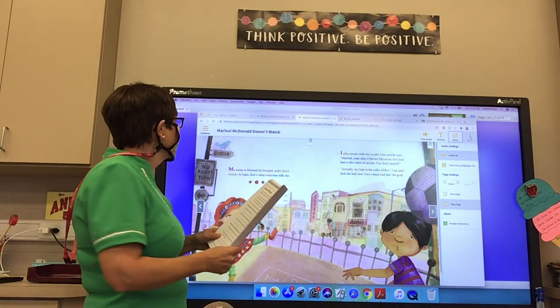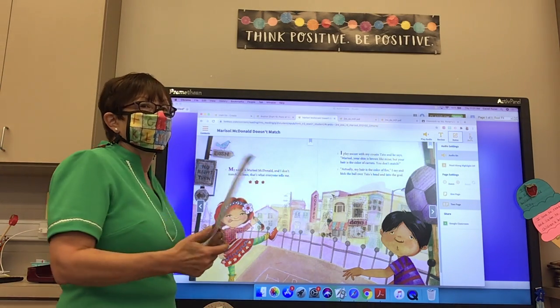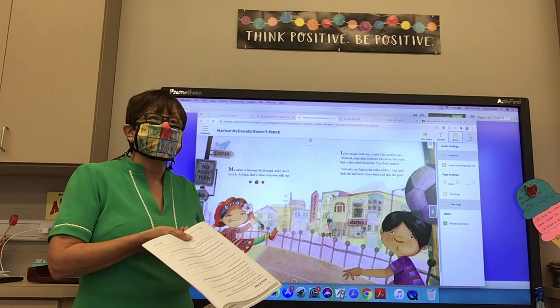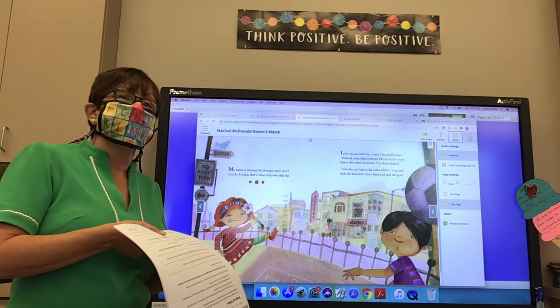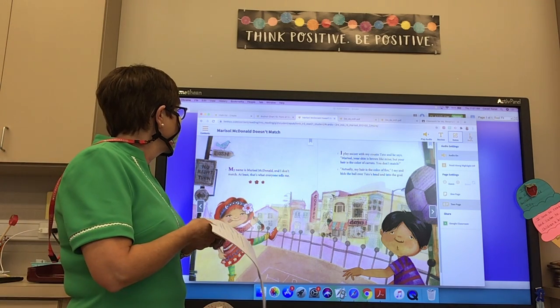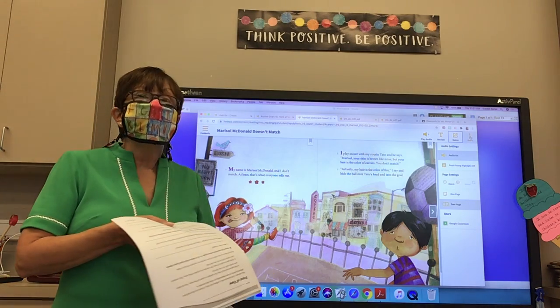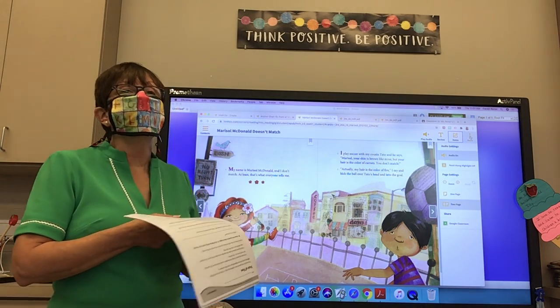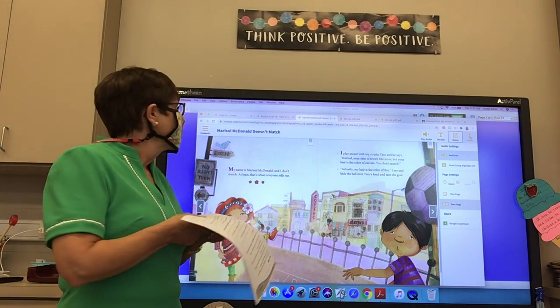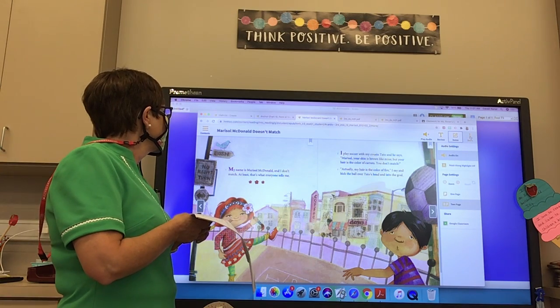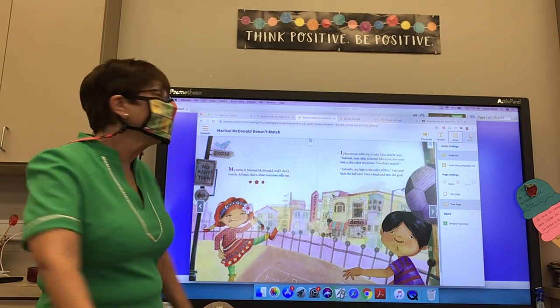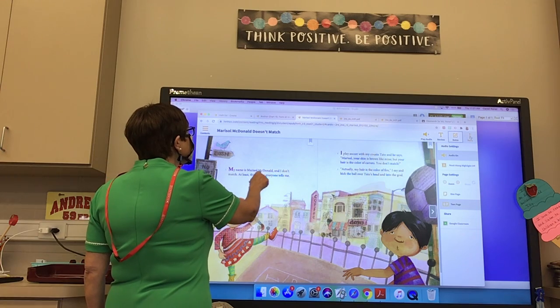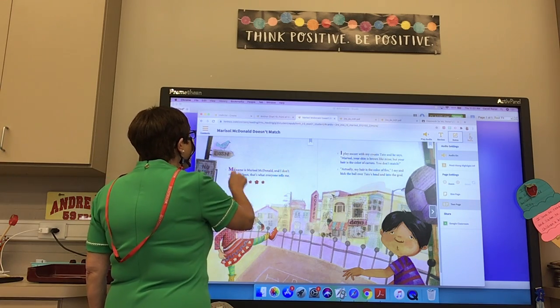Avery? Because in the first page that you just played for us, my and the word I is in it. Okay, what whole line? Give me a whole line that tells us. My name is Marisol McDonald, and I don't match. Very good. That whole line right here. My name is Marisol McDonald, and I don't match.